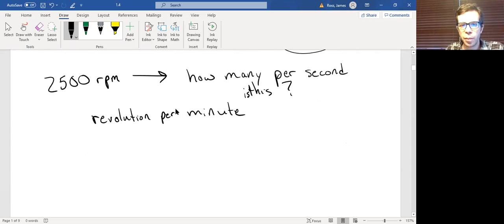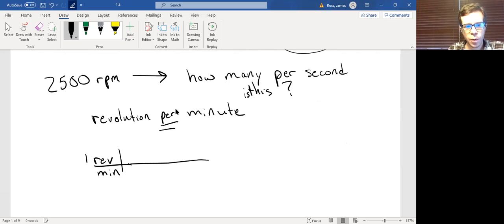All right, and remember we said that per means divide. So we've got revolution per minute. We'll go ahead and plug in our number. We've got 2,500 revolutions each minute. And now for our conversion factor, in 1 minute, there are 60 seconds.